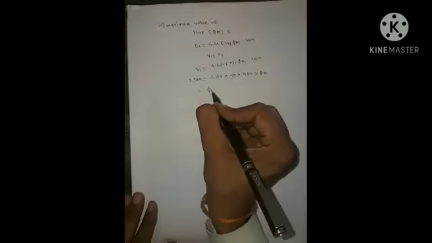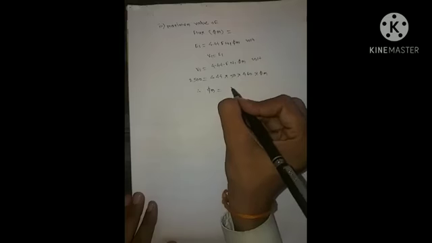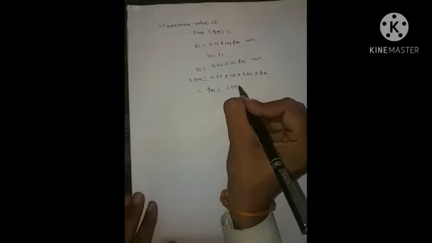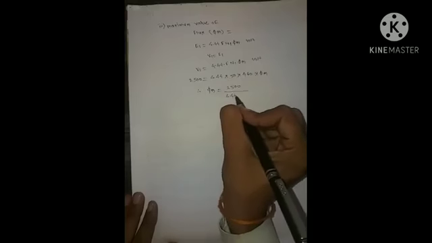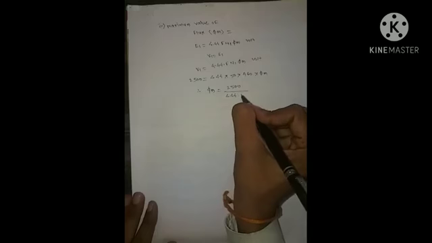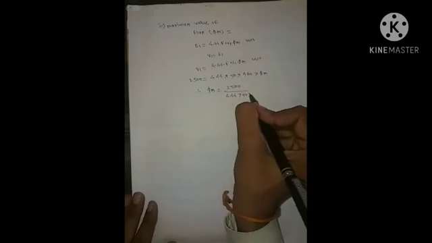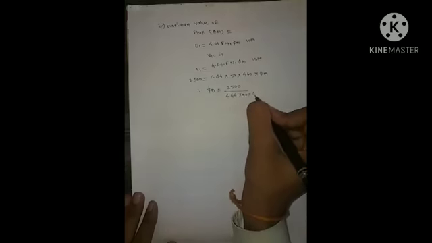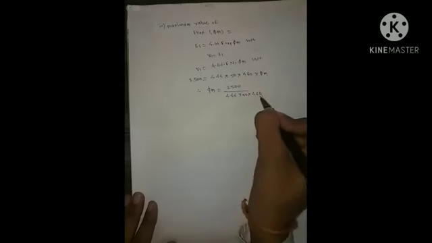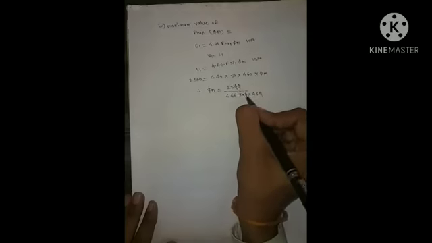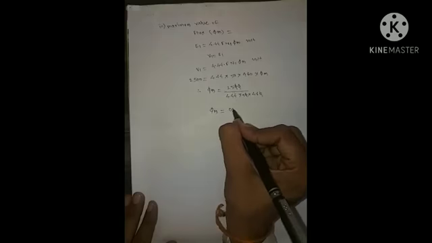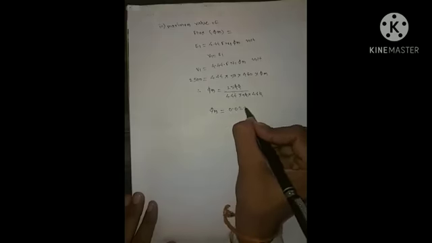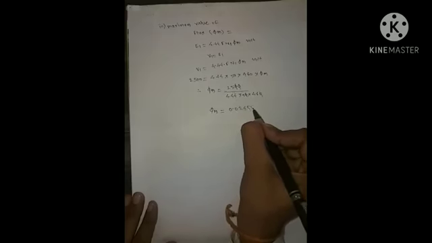We will get phi m equals 2500 upon 4.44 into 50 into 460, and zeros get cancelled, and by solving this we will get the value of phi m is 0.0245 Weber.